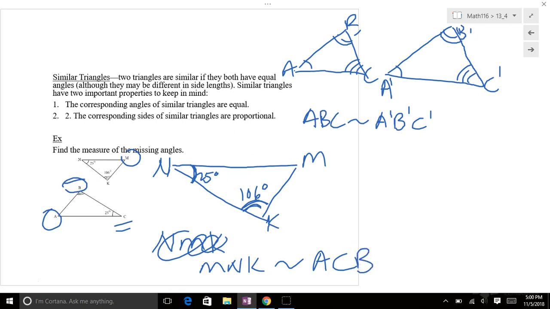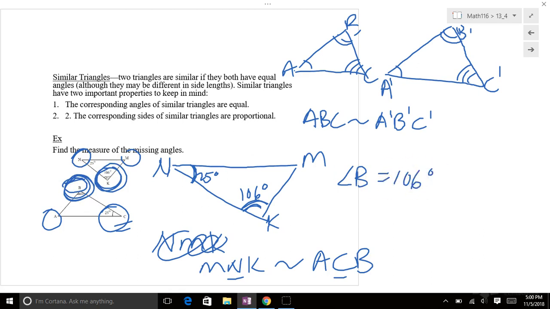Okay, so if N is 25, then C is 25. You can see that. N is 25, C is 25. If K is 106, the 2 slashes, angle B is 106.